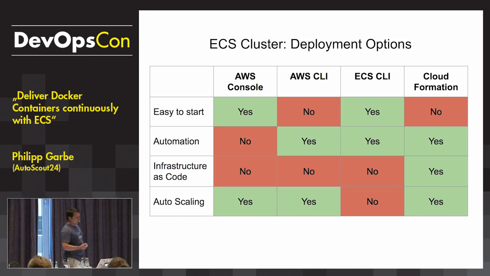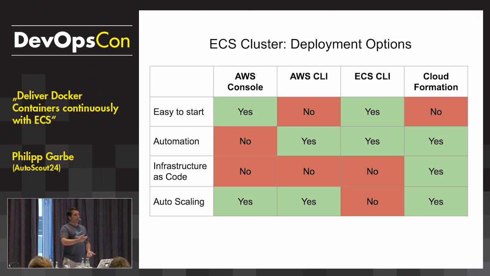For production, I love CloudFormation. CloudFormation is a service from AWS where you can define in a configuration file, in YAML or JSON syntax, what kind of services you want to have.